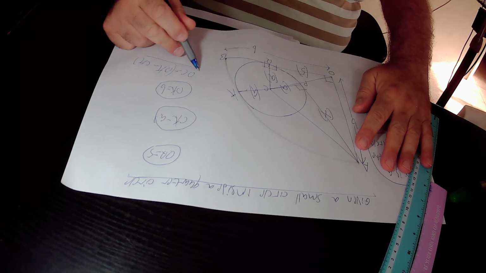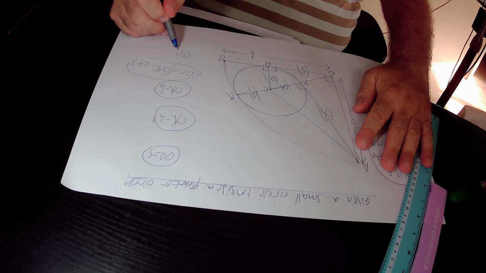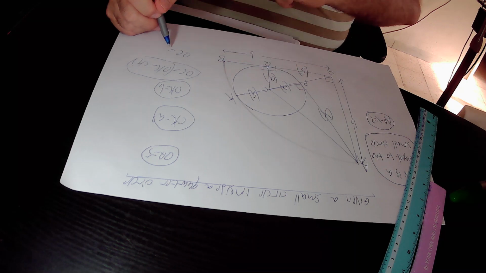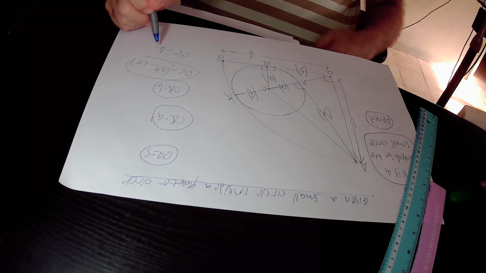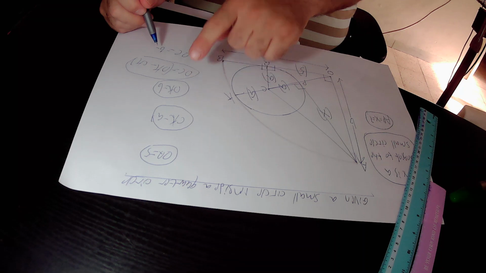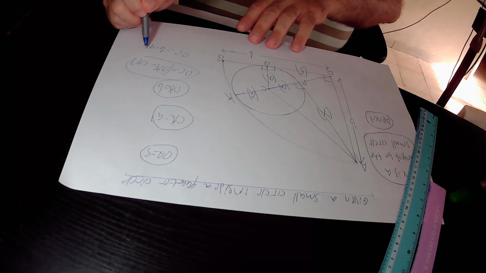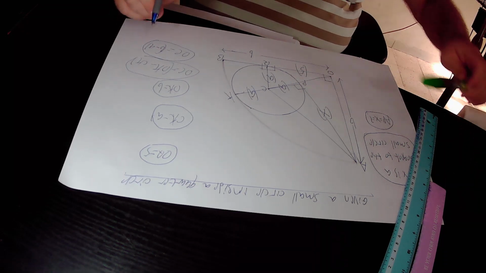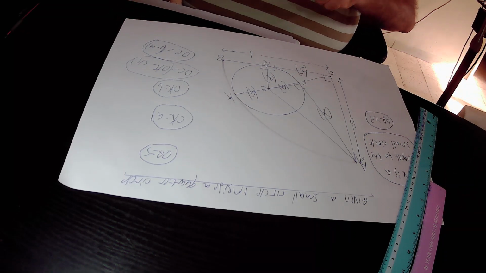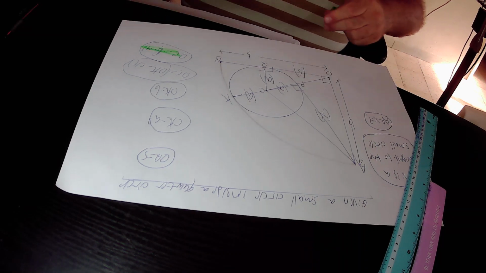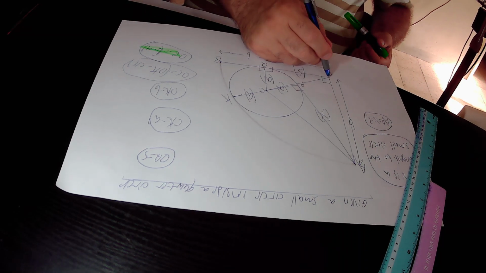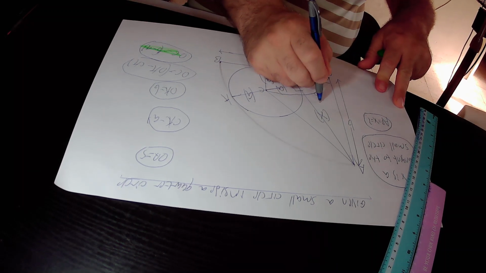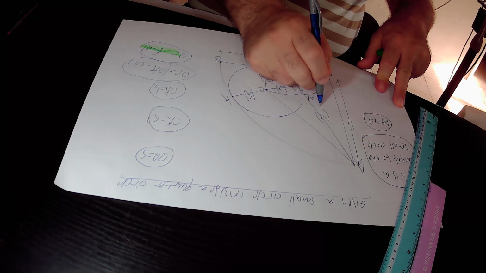OK equals B, the radius of the quarter circle, minus CK equals A, the radius of the small circle. So in total, we found out that OC equals B minus A units in its length.